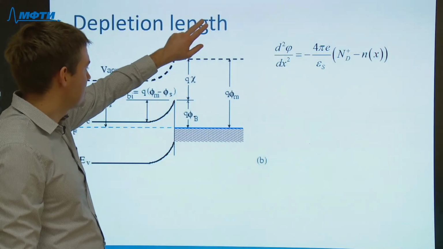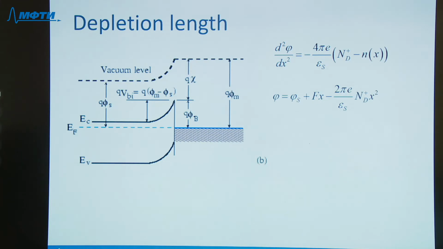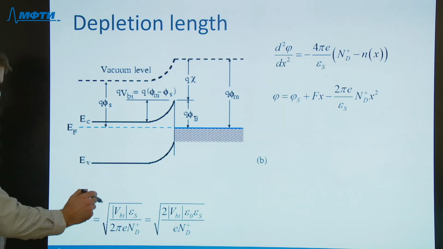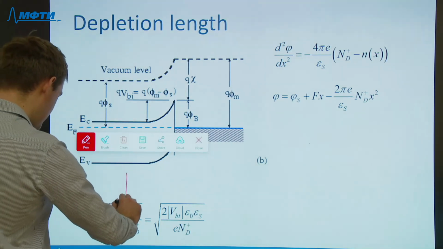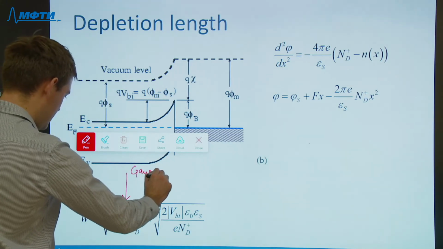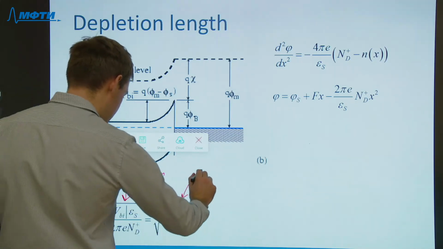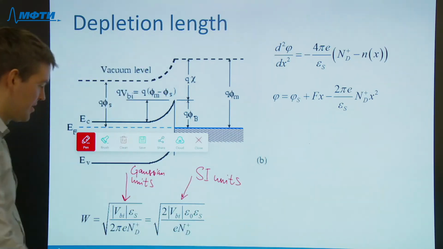I will just sketch the result, which is most important, the result for the width. In Gaussian units, it is given by the first part of the expression, and in SI units, it is given by the second part of the expression.